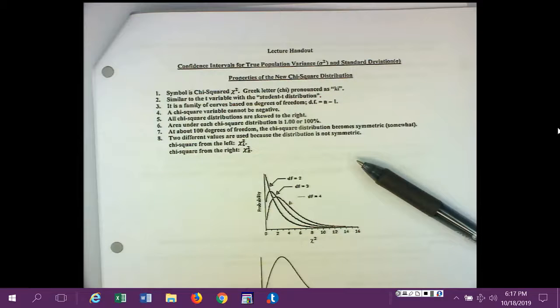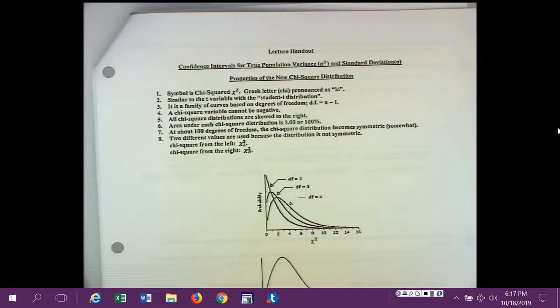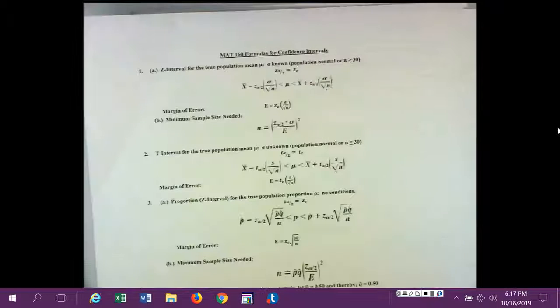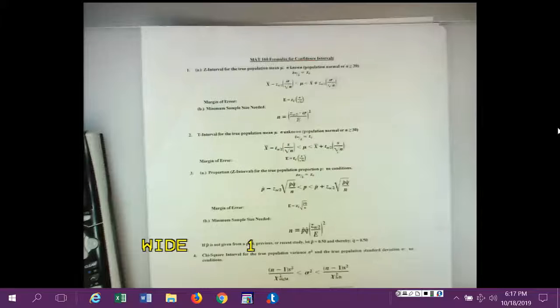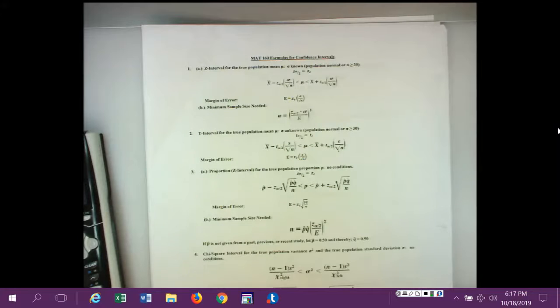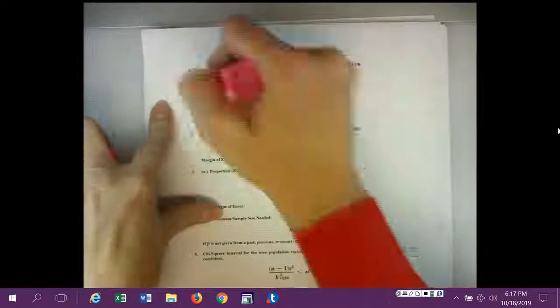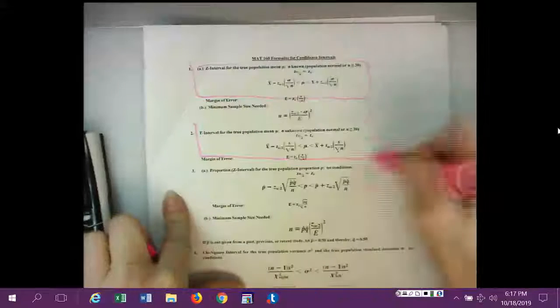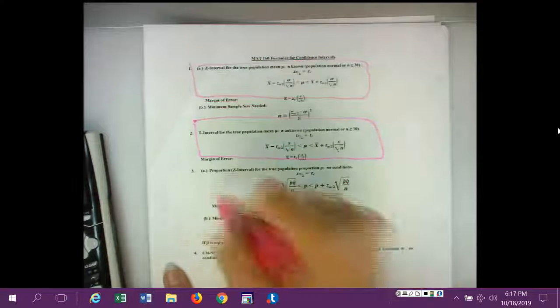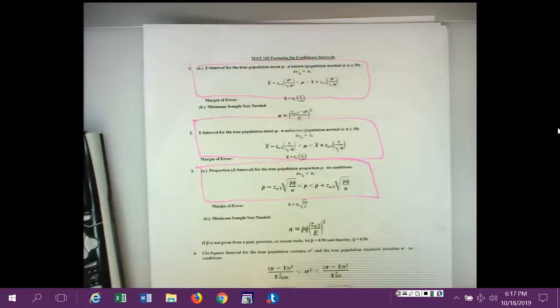And that would conclude the information that will be on your test, test number 3, confidence intervals. In this class, we have covered the Z interval, we have covered the T, and we have covered the proportion. One remaining.